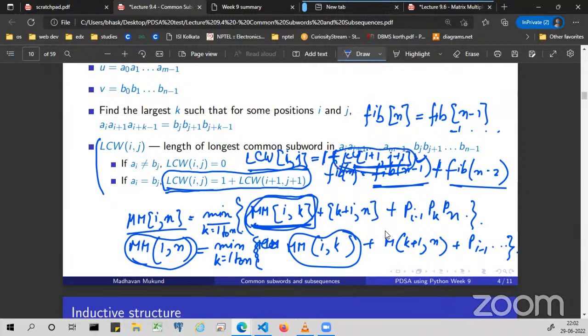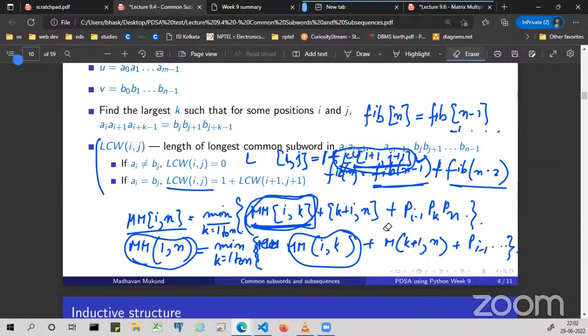If this value is not pre-calculated inside your array, then you cannot solve it. So the only idea of using these arrays, running the loop and solving this kind of dynamic programming problem, the only thing you have to think about is two points.